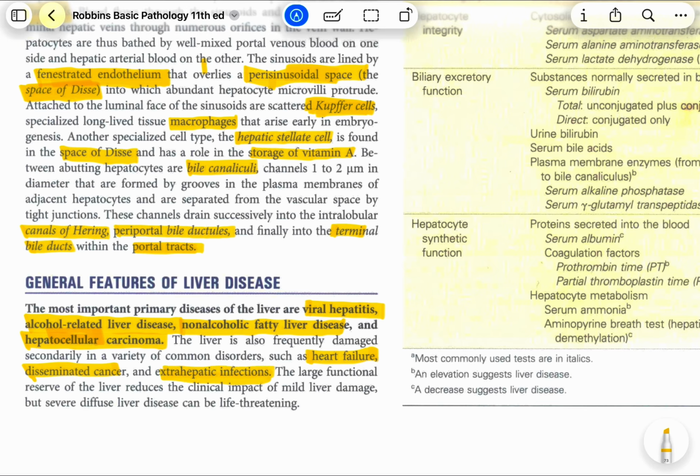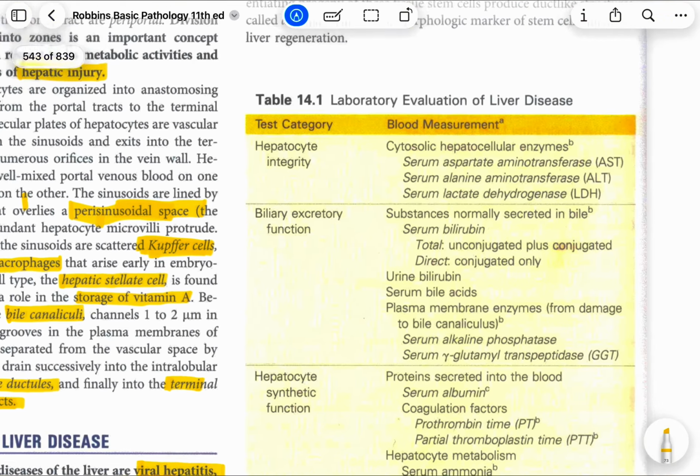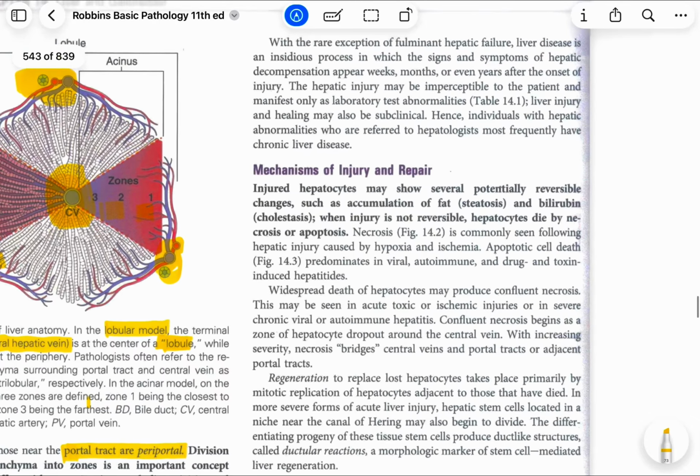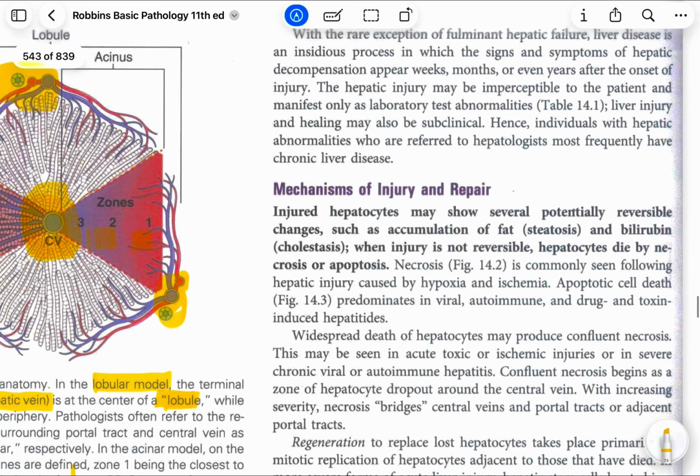The large functional reserve of the liver reduces the clinical impact of mild liver damage, but severe diffuse liver disease can be life threatening. Now, if we talk about the mechanisms of injury and repair, we can see that injured hepatocytes show potentially reversible changes.